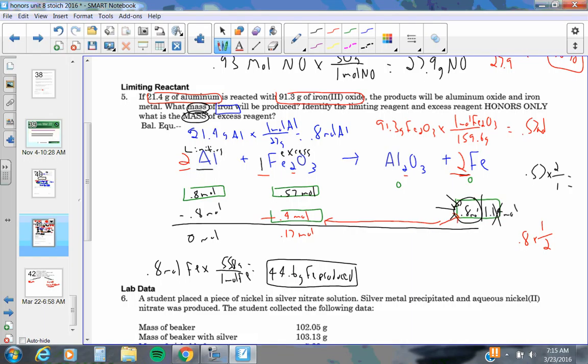One last thing, I have to figure out how much excess reagent. If I have 0.17 moles of Fe2O3 left, and 1 mole of Fe2O3, and on top I'll write its molar mass, 159.6 grams, that's going to equal 27.1 grams of Fe2O3 excess.